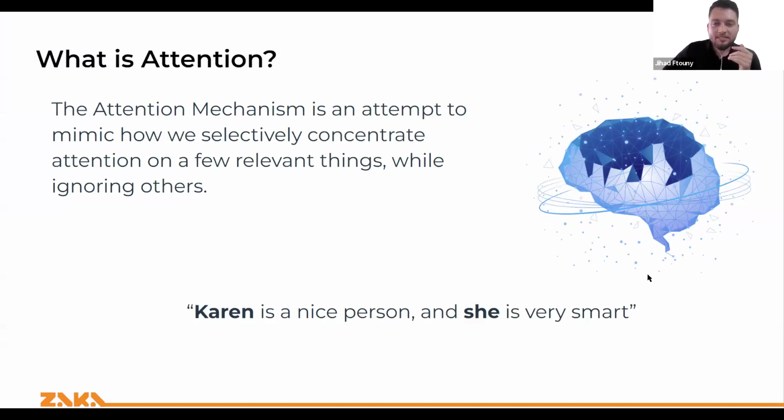If I tell you the sentence, Karen is a nice person and she is very smart, you would automatically know that the word she is referring to Karen. Because you are a human, you have been learning language since you were a kid, you know how to make these relations in language. So in order to mimic this ability of our brains in the deep learning world, we use the attention mechanism.